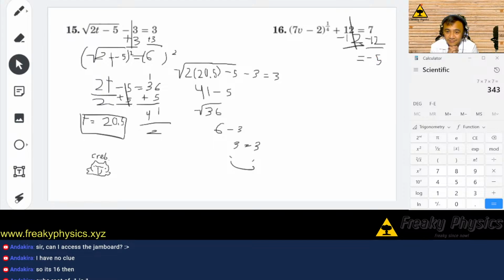And then this would be 7v minus 2 to the fourth root. And then you raise both sides to the fourth power. 7v minus 2 equals 625. Correct.